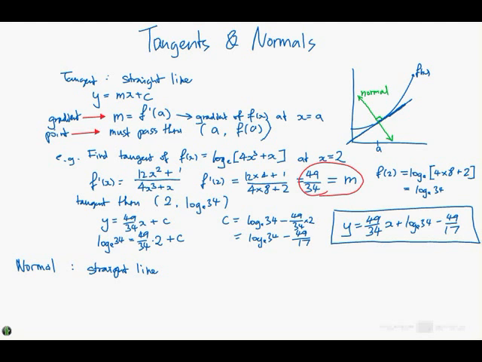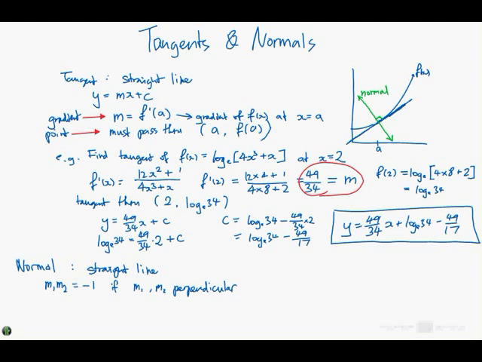Think back to maybe year 9. You learned that m1 times m2 equals -1 if m1 and m2 are perpendicular. So in other words, the gradient of the normal and the gradient of the tangent are perpendicular, aren't they?